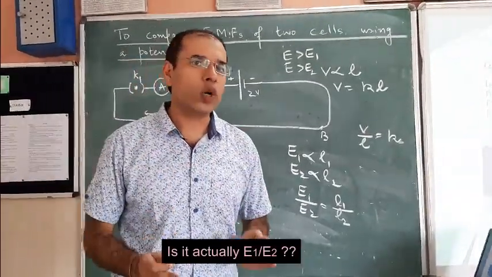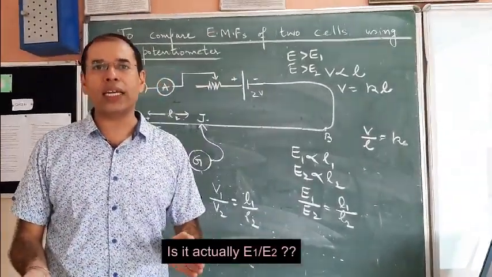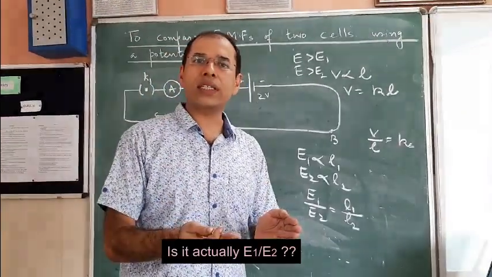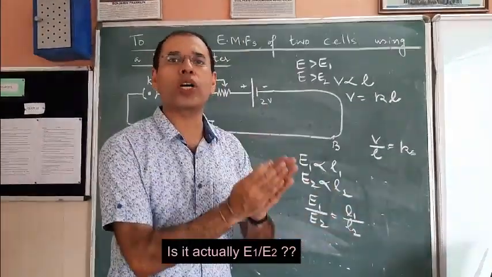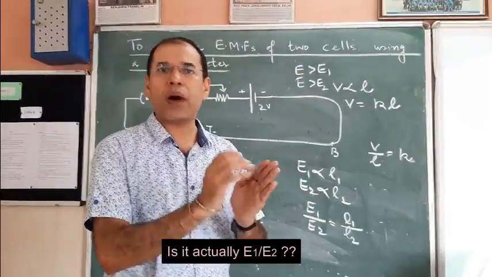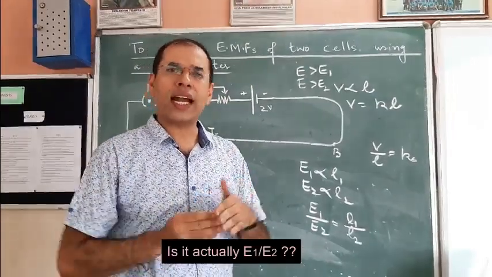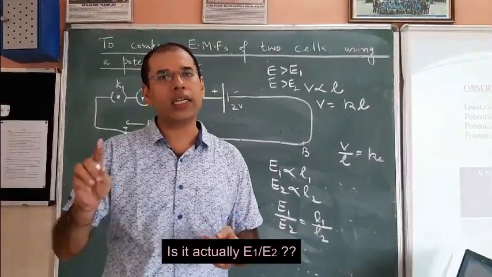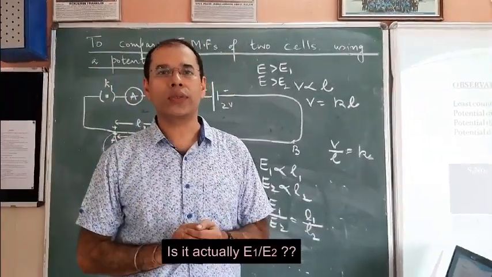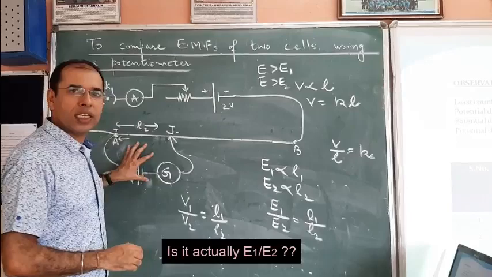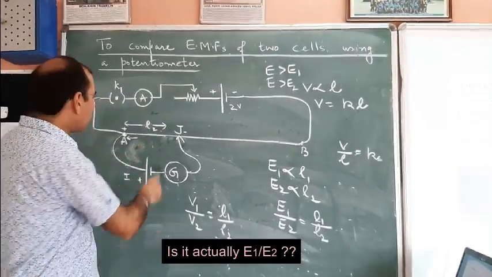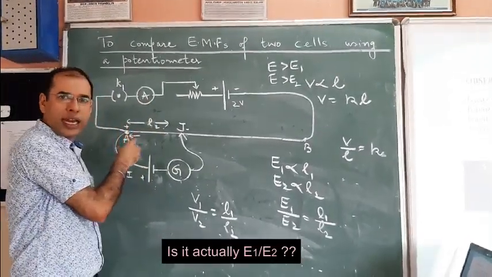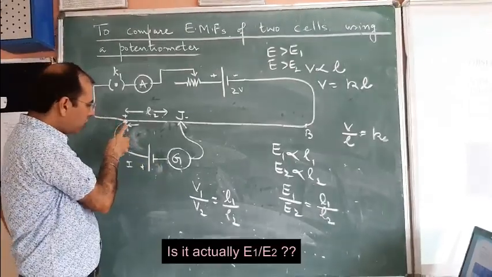Now when you were in lower classes, at that time we used to study that an open circuit is generally one that is broken from somewhere. The path is not continuous. And about closed circuits, you have studied in lower classes that in a closed circuit, the path is continuous. So when you are measuring this balancing length, the path appears to be continuous, and it is continuous.